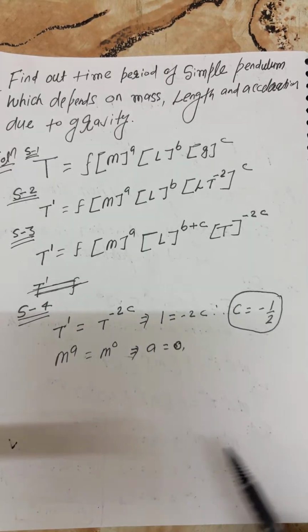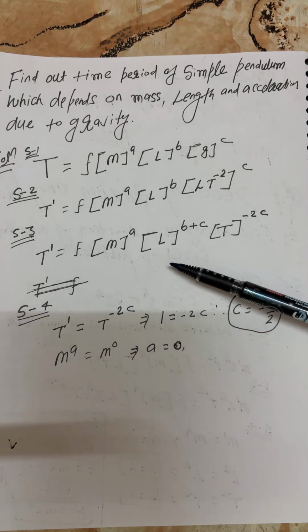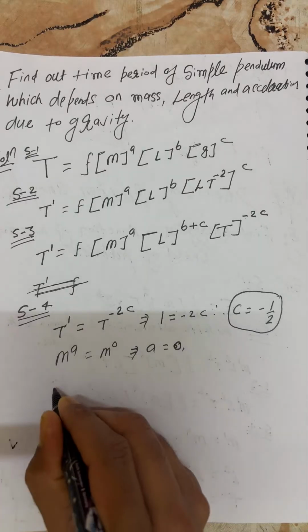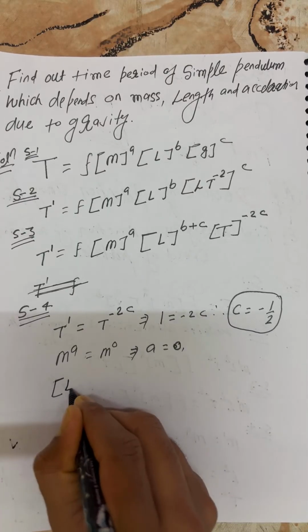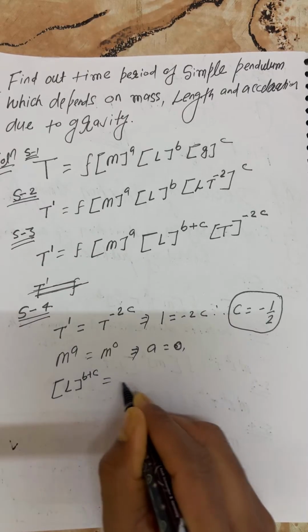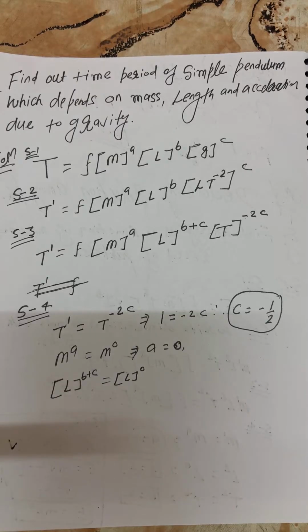Now again here you can see, you have L terms in RHS, but you don't have any L terms in LHS. So again you can write as usual, L to the power b plus c, which is equal to L to the power 0.